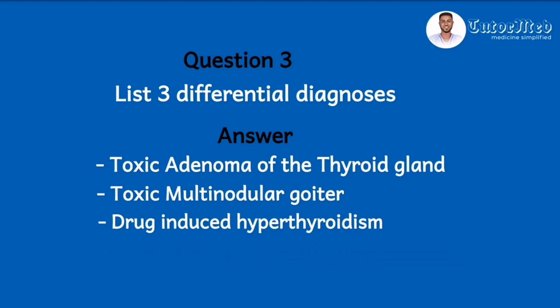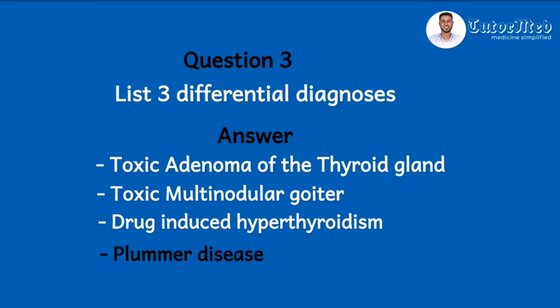And so taking drugs like amiodarone for a very long time may also cause hyperthyroidism. Then we've been asked for 3, and so we stick to 3. Please do not give more answers than have been asked of you. But other differentials we can consider is Plummer's disease.